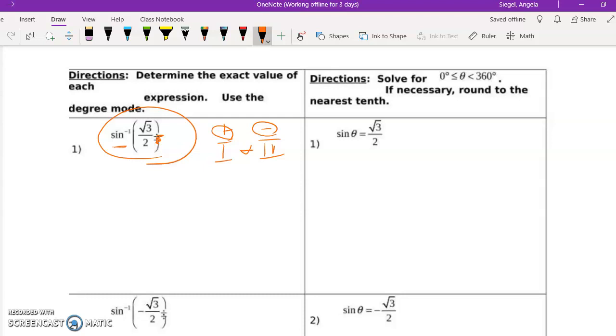The first thing that's jumping out at me is that it's positive. The second thing I'm going to do is grab my unit circle or figure it out with my hand trick. Square root of 3 over 2, the y value in quadrant 1, is going to be at 60 degrees.